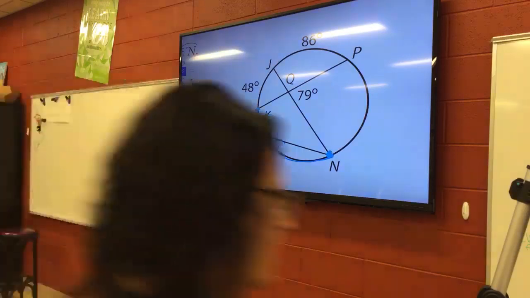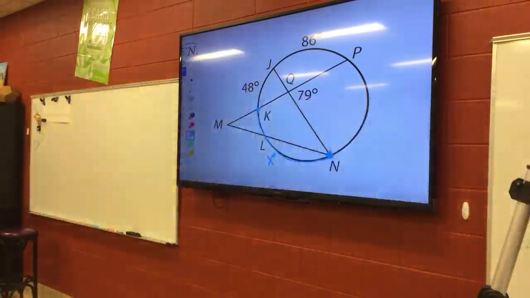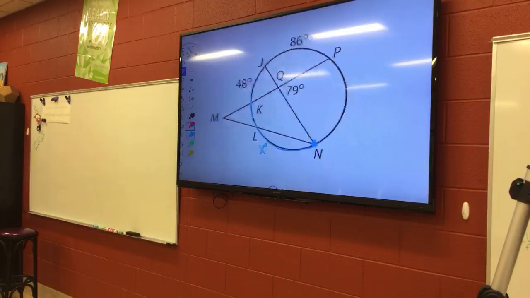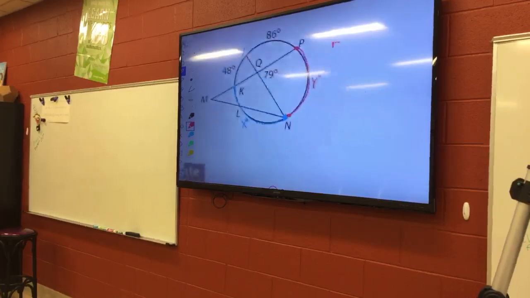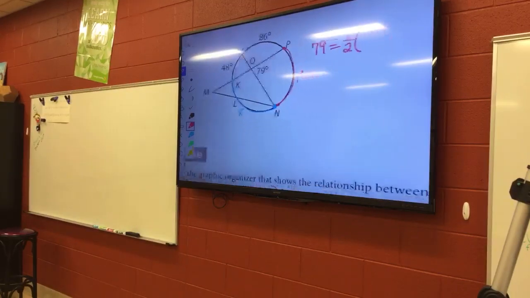Think about what PN is first, because there's nothing you can do to find KN right away. So if I look at PN, I'm going to label that Y. Remember, the angle is always equal to half, and it's inside, so it's a sum.